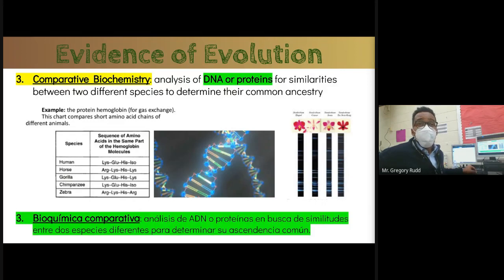So the more DNA that two species have in common, the more closely related they are, or the more amino acids they have in common, the more proteins they have in common, the more common their ancestor, the more closely related they are.